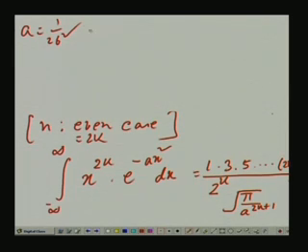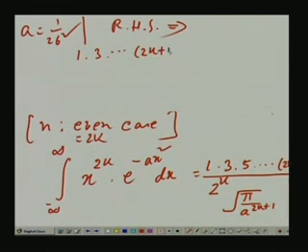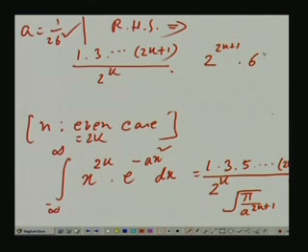So, the right hand side becomes 1, 3, dot dot dot up to 2k plus 1 divided by 2 to the power k times 2 to the power 2k plus 1 sigma to the power 4k plus 2 into pi the square root.